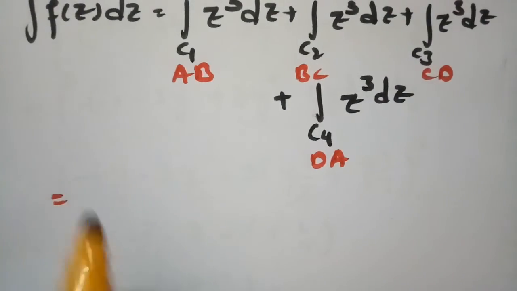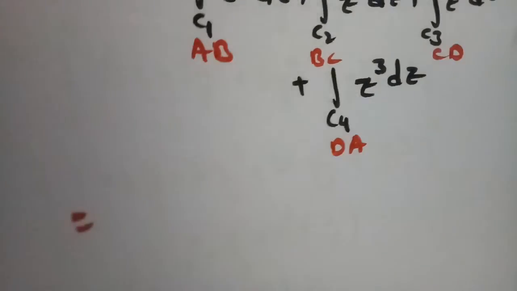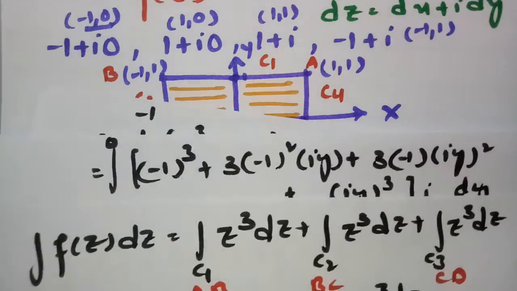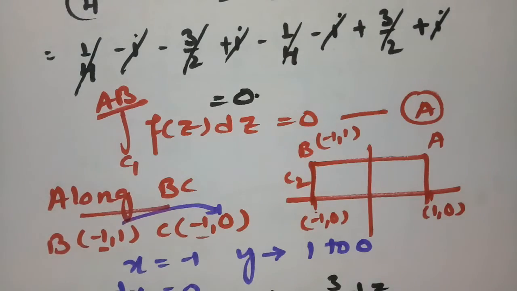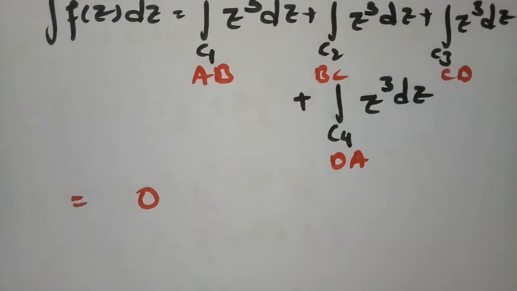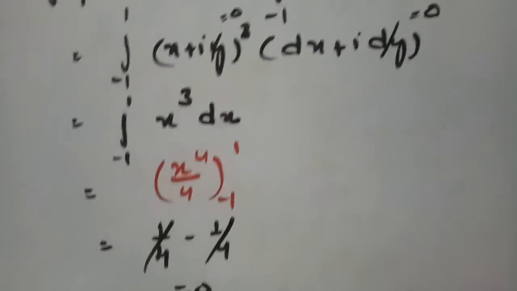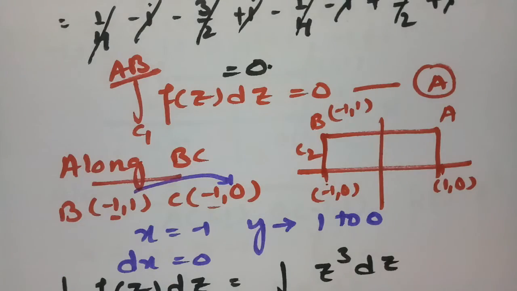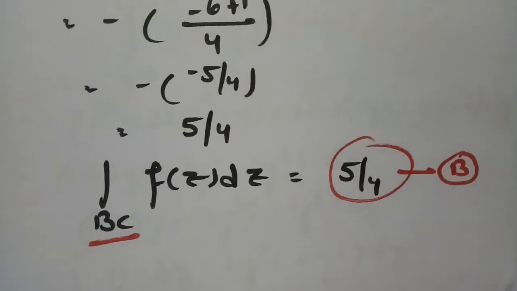So all the values are ready here. See, I'll show you. The first value, along AB, is 0, and according to BC, the BC value is 5 by 4.